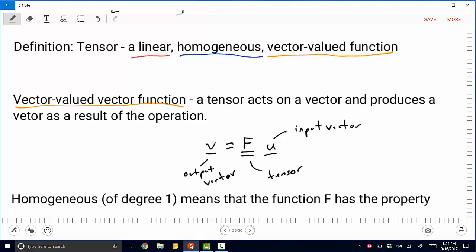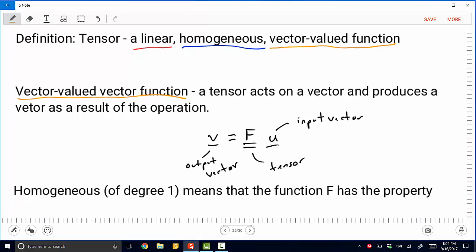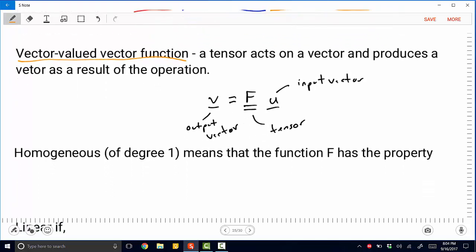Now, homogeneous. Homogeneous of degree 1 means that a function has the following property. That if we take that tensor and we perform an operation where there's a scalar multiplied by a vector, that scalar can actually be pulled on the outside of that operation.